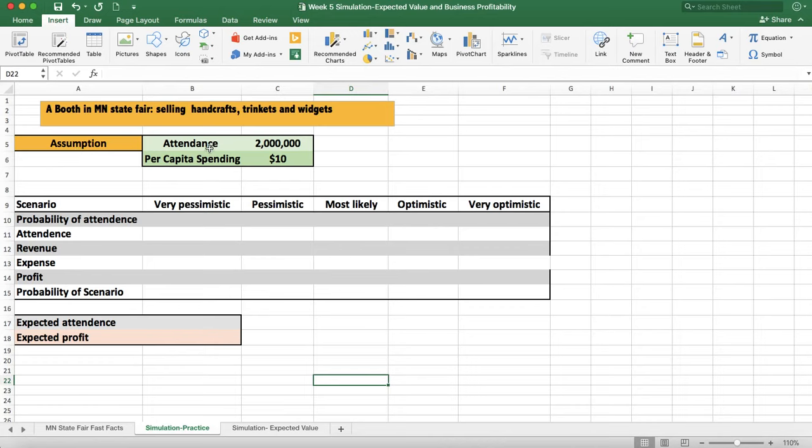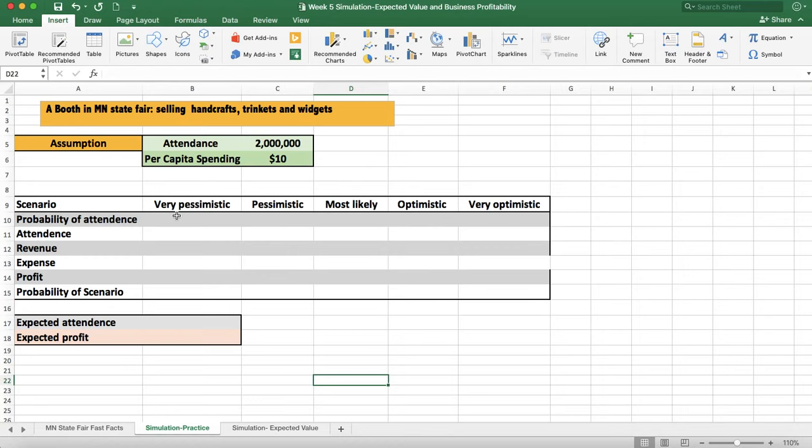The next year, the attendance is 2 million, and per capita spending in retail purchases, just made simple, $10. And we have 5 scenarios for how many people are going to buy stuff in your booth.